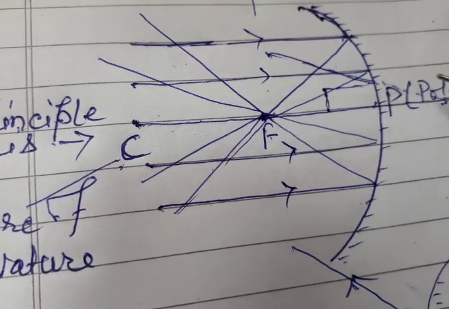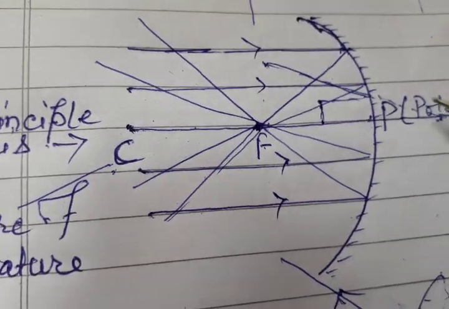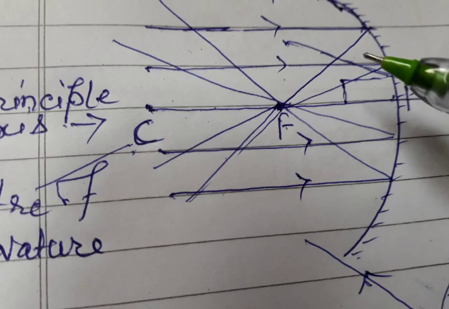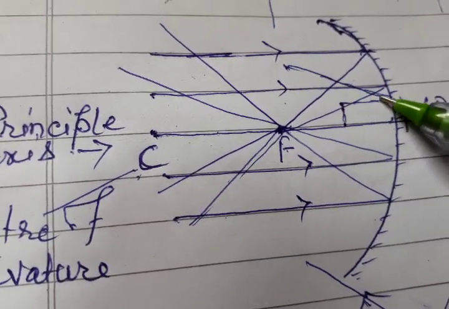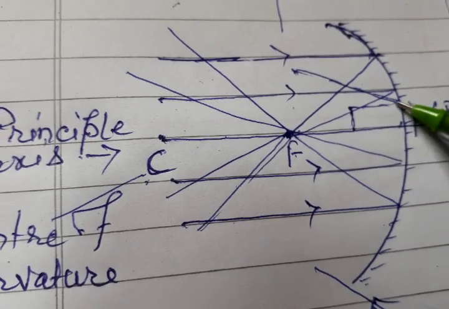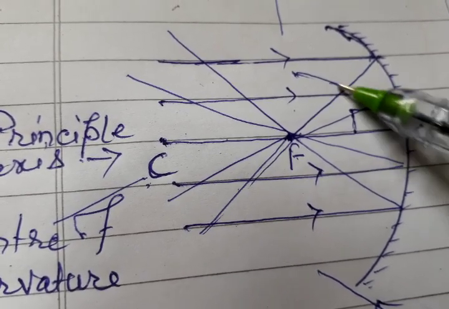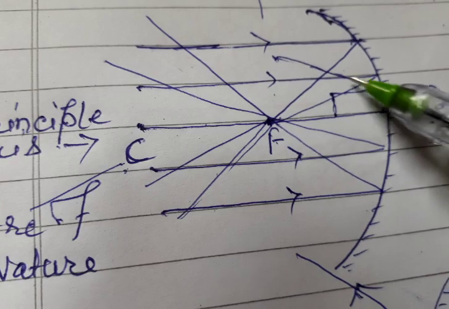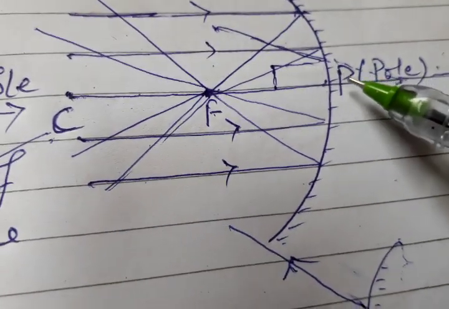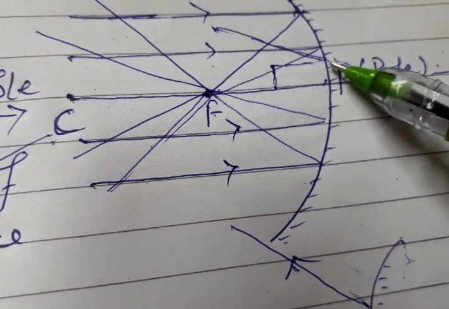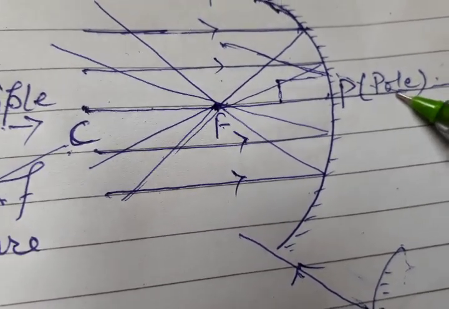And when it appears to meet at a point, you can see I have drawn the object. It is incident here, striking the mirror. After that it has reflected like that, but it has reflected to go to this side, and you can assume the rays are meeting at this point.